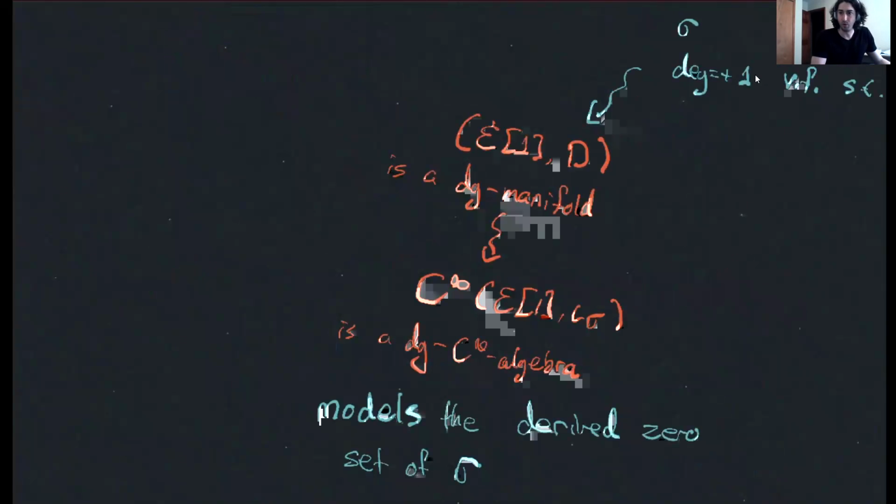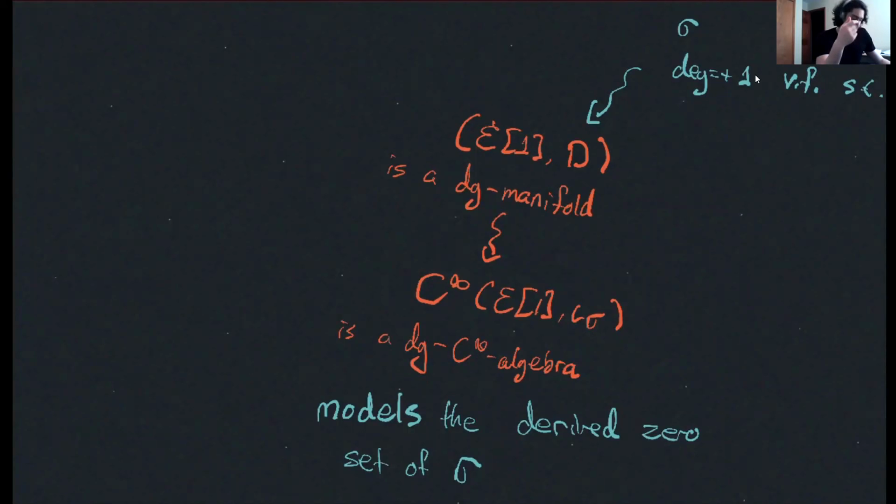One way of convincing yourself this does the right thing is if you look at the cohomology of this differential. If you take an open set which does not intersect the zeros of the section, it's acyclic. There's no cohomology. And all the cohomology is concentrated on the actual intersection of the section with the zero section.